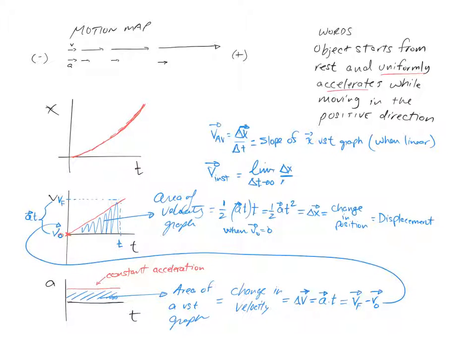That's all this means. These are fancy symbols that mean slope of the line tangent to the curve on the position versus time graph. And this is when your position time graph is curved.